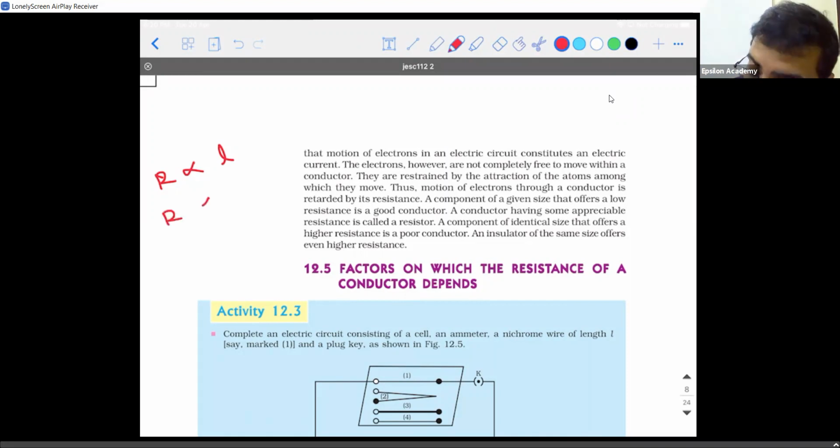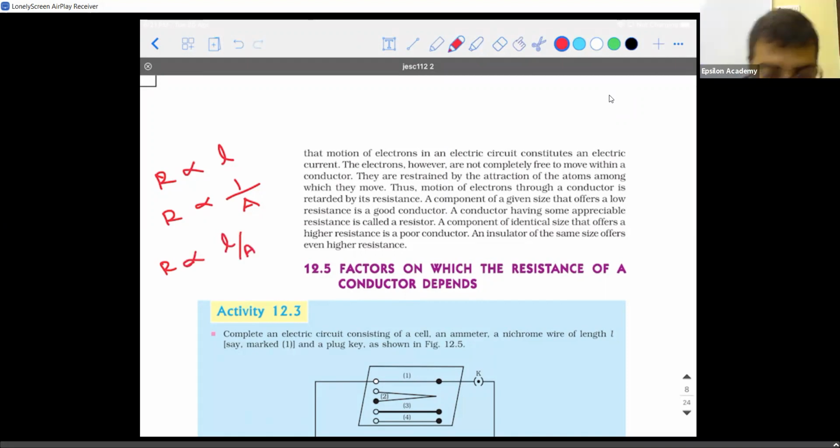Similarly, the resistance of a conductor is observed to be inversely proportional to the area of cross section of the conductor. So R is directly proportional to L and R is inversely proportional to A. Then R is observed to be directly proportional to L divided by A. What is L, guys?